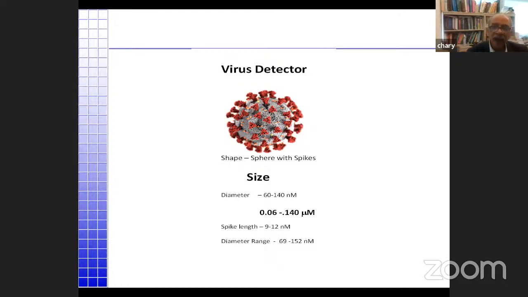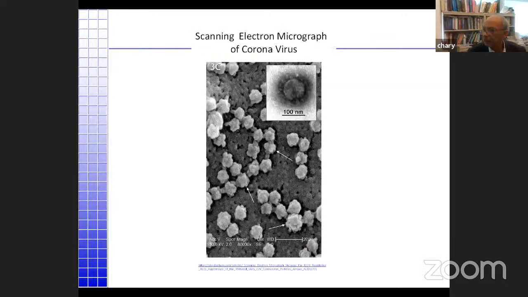I was very happy to see, just 3 days ago, a nice paper coming out on designing new nanobodies for treating this pandemic virus. This is a scanning electron micrograph of the coronavirus. It's about the 100 nanometer scale. As you can see, these things are at sub-nanometer scales, less than 100 nanometers.